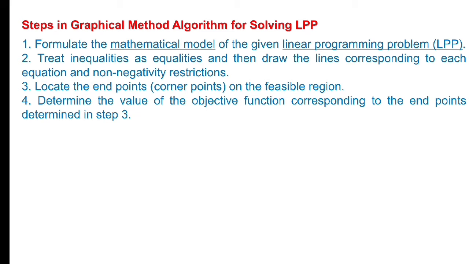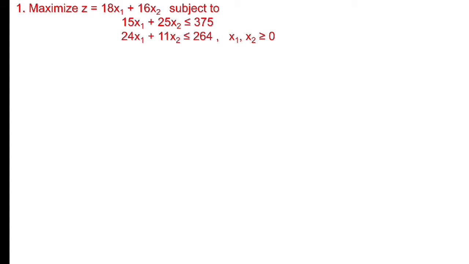Find the optimal value of the objective function, the z value, so that the objective function condition is satisfied. Now the problem we are studying: if maximize is given, we consider the maximum value; if minimize is given, we consider the minimum value.